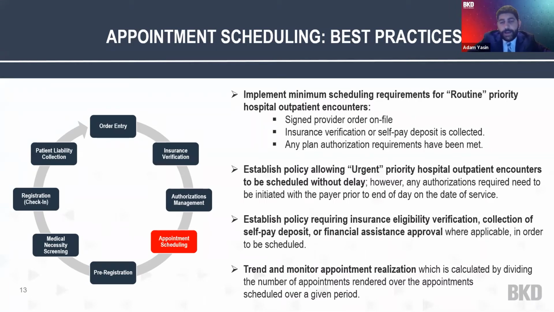So that gives you an opportunity to understand how effective you are at delivering your care and dealing with cancellations and other rescheduling that has to occur related to an inability to get the case cleared. So it's a key metric and highly recommended for your hospital outpatient schedulers. And so we move to pre-registration on our next slide.